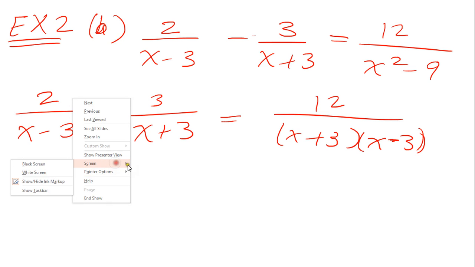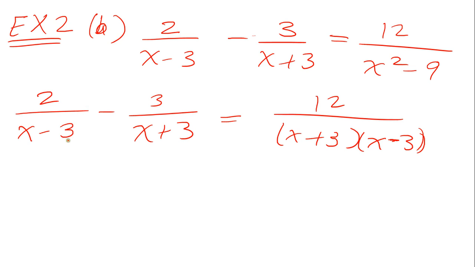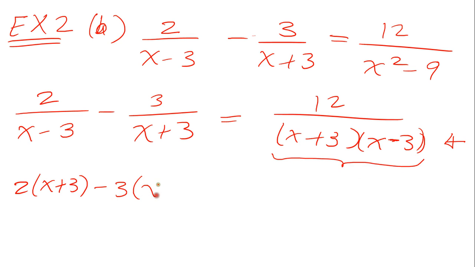What I'm going to do instead is multiply by x plus 3 and x minus 3. If I do that, I'll have 2 times x plus 3, if I multiply both sides, minus 3 times x minus 3 equals, and multiplying by x plus 3 and x minus 3, they're just going to cancel.